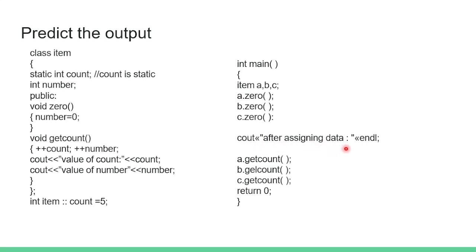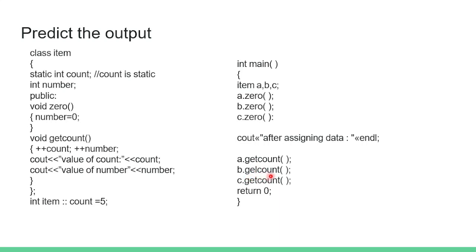After assigning data, we have a.getcount(), b.getcount() and c.getcount(). In a.getcount(), we have ++count and ++number. Initially the value of count is equal to 5. Here count will be incremented to 6, and ++number will be incremented to 1. It is printed out, so we will get 6 1 here.